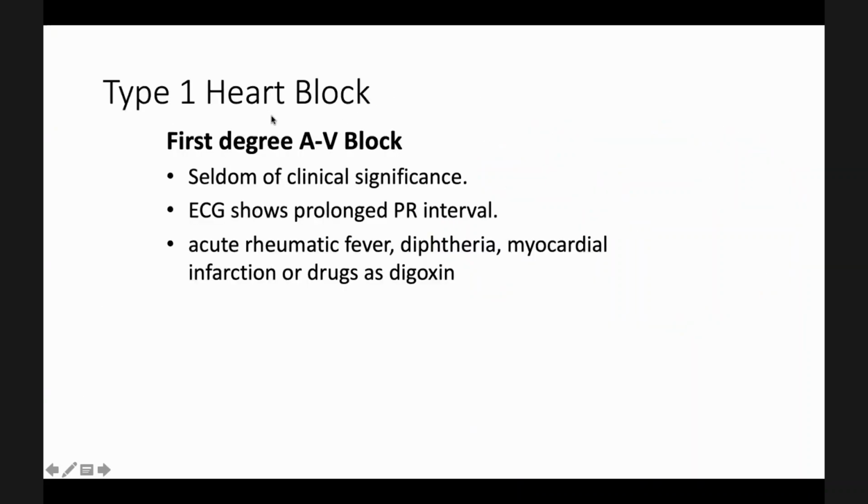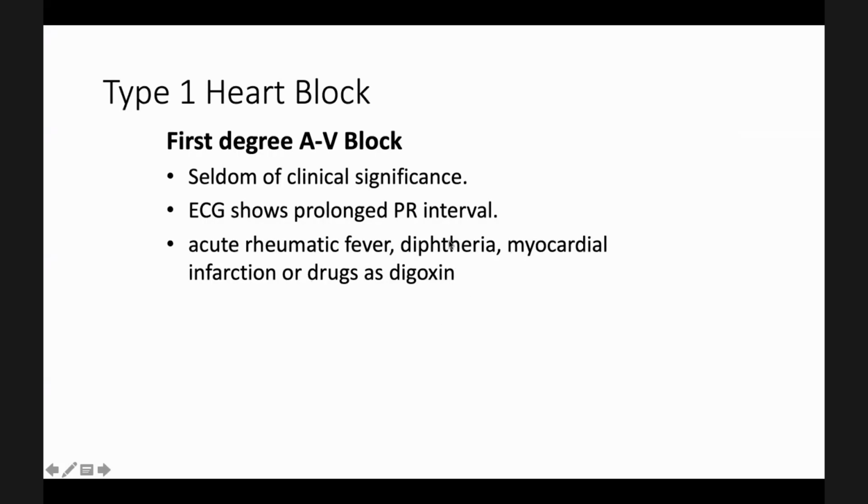The first degree heart block is actually a very innocent one. It's just a prolongation of the PR interval that you see in conditions like acute rheumatic fever, diphtheria, myocardial infarction, and drugs as well, the rate limiting drugs, and also digoxin, even carnero poisoning.